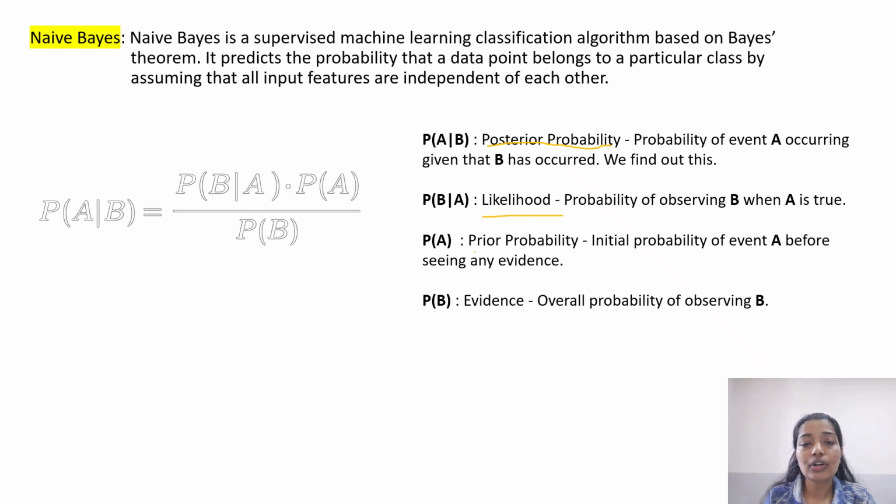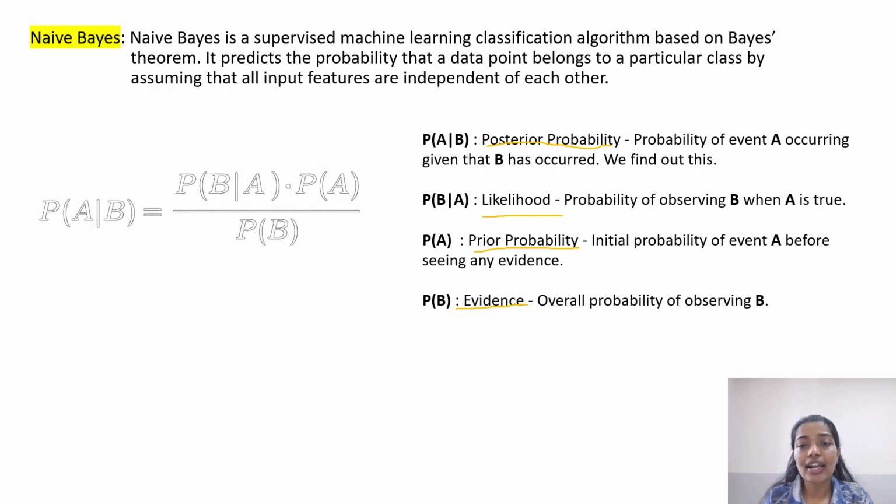So here we don't directly say probability of A by B or probability of A. Here we use these terms. Posterior probability is the aim, this is what we need to find. The likelihood is how often will B occur when A is already true. The prior is the probability that event A will occur, and then the evidence. This is the only formula that we will be using in Bayes theorem. Bayes theorem is again a very simple algorithm, I would say.